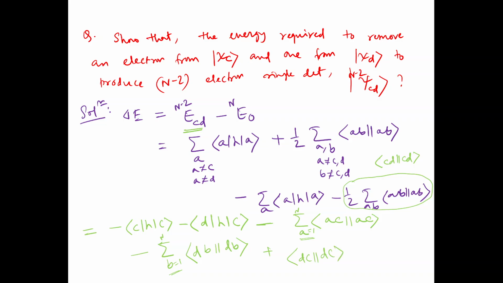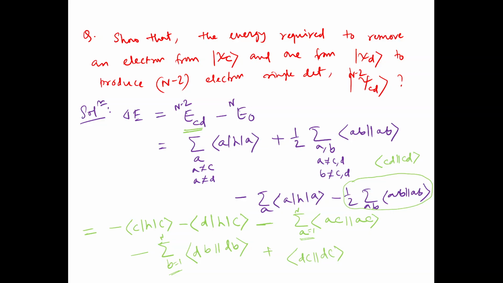Take a pause and think about it carefully. In Hartree-Fock, this CD term that I have written in green color was there only once, because of the half factor. Actually it was there twice, but because of that half factor, your CD term was there only once.